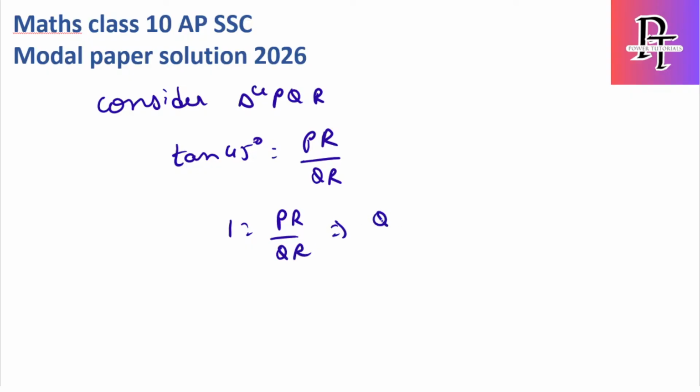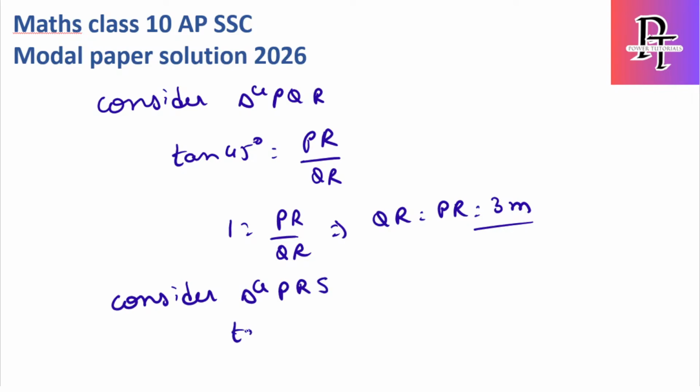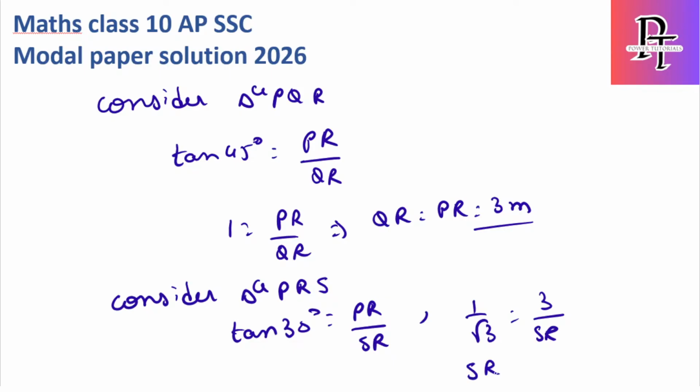Therefore QR is equal to PR, and PR is nothing but the height, which is 3 meters. Second one, consider triangle PRS. Now we have the angle of 30 degrees. So tan 30 degrees is equal to PR by SR. Tan 30 is 1 by root 3, PR is 3 and SR we need to find. So we get SR as 3 root 3 meters.